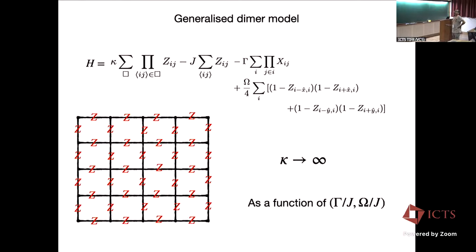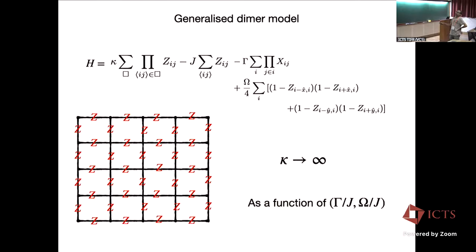So once I write down everything together, this is the Hamiltonian where these spins now sit on the bonds of the dual lattice. What I'll try to tell you is the phase diagram of this model in the kappa going to infinity limit at finite J as a function of the kinetic term and the potential term of the dimer.